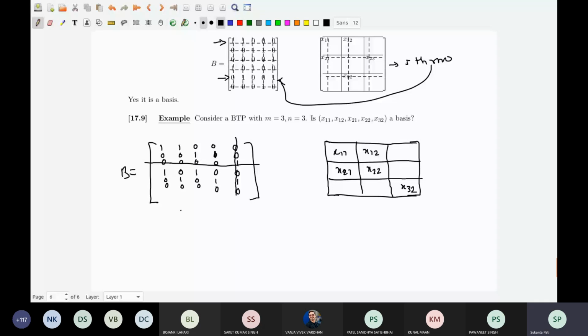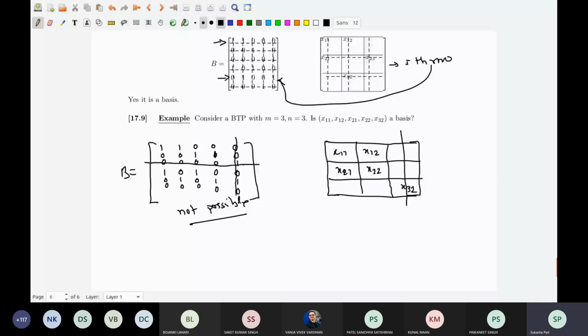Equivalently, it says you will find a line that contains exactly one highlighted variable. Here you can choose either row 3 or column 3. Suppose I choose column 3. Actually, if you have selected row 3... Sorry, I am very sorry.